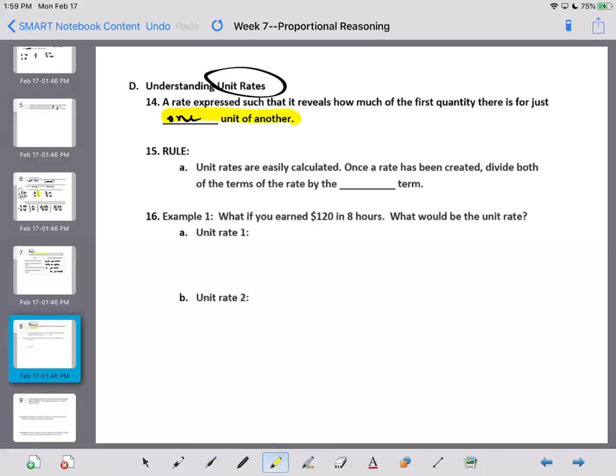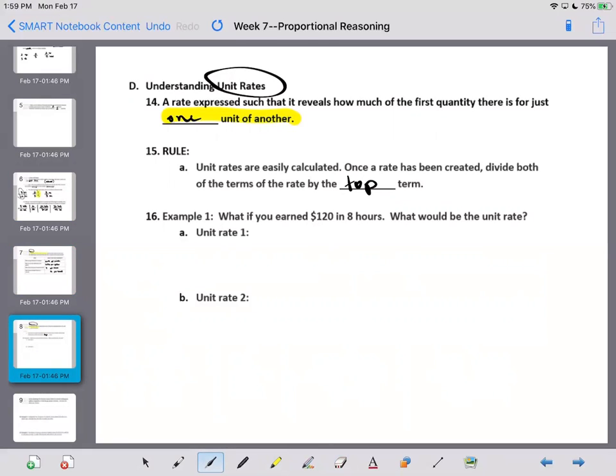So unit rates are easily calculated. Once a rate has been created, divide both of the terms of the rate by the bottom term of the fraction.